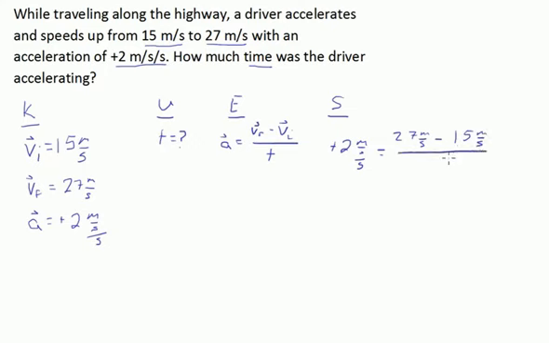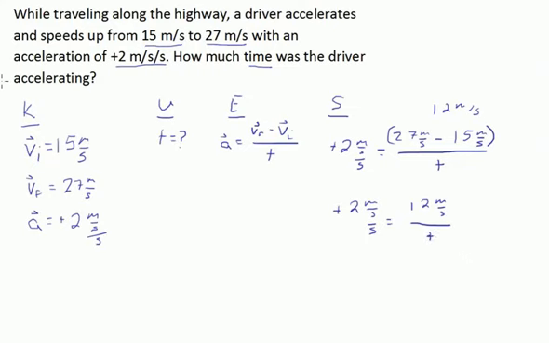All of that divided by the time still. So we can take these, 27 minus 15, that's going to be 12 meters per second. So we have positive 2 meters per second squared equals 12 meters per second divided by the time.